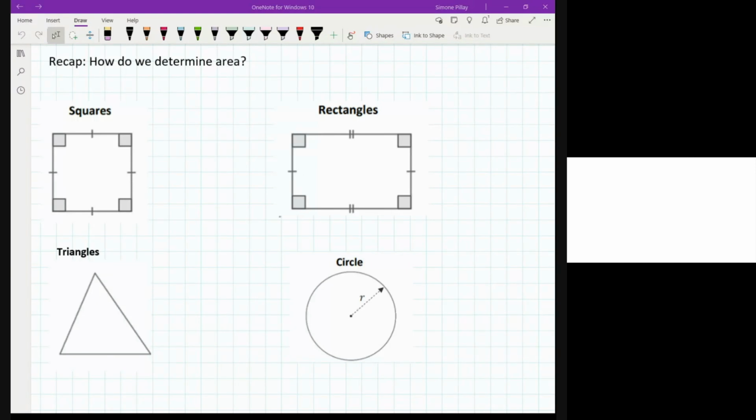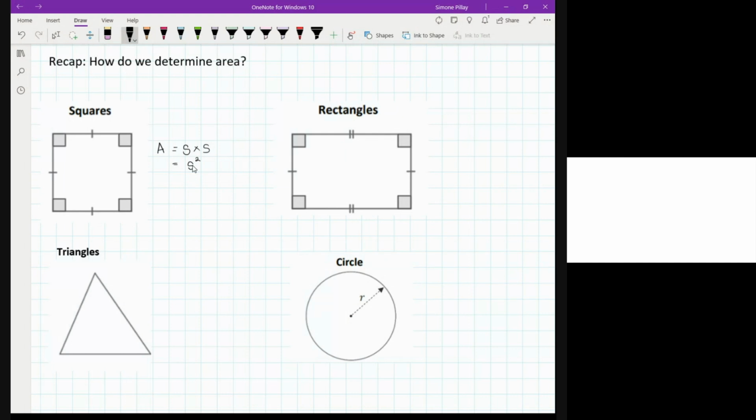Okay. So let's now write in these formulas you guys have given me. When we're looking at a square, the formula to calculate the area of a square is side times side, which we can simplify to side squared.